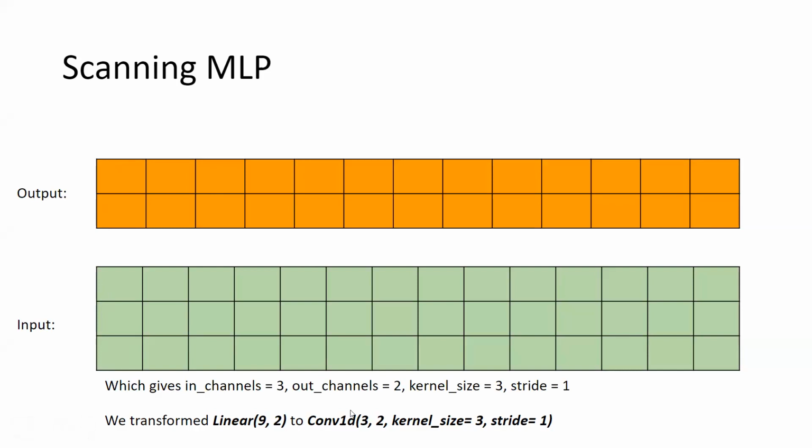Obviously, a conv layer has significantly fewer parameters in the cases when you have large inputs. That was also covered in class. So this is an example of how you can treat a conv layer as a scanning MLP, and vice versa, how you can think of a scanning MLP as a conv operation.